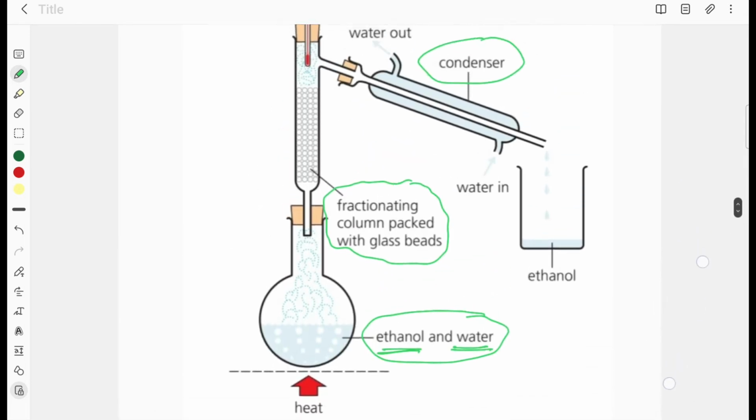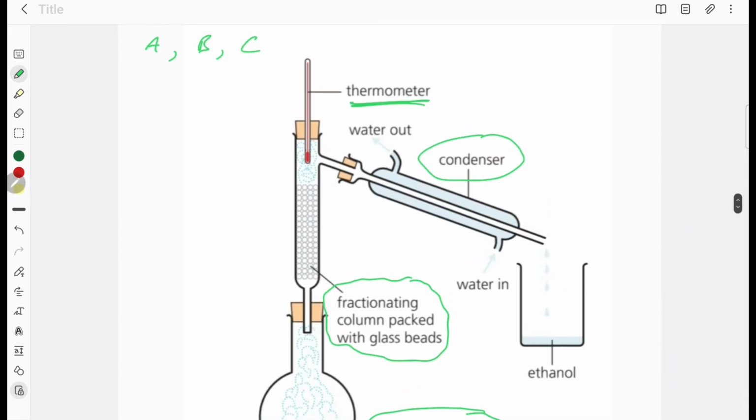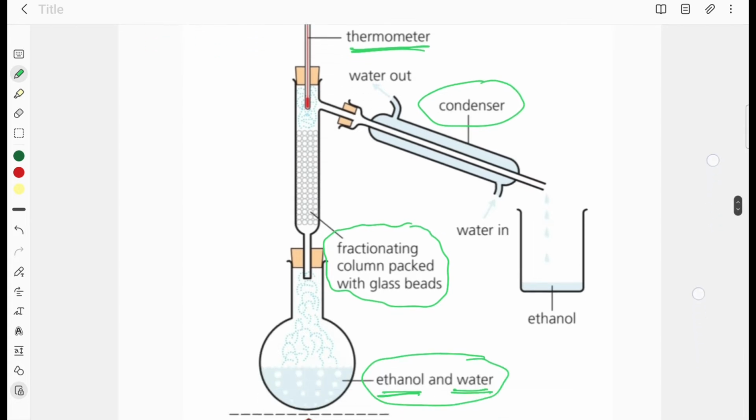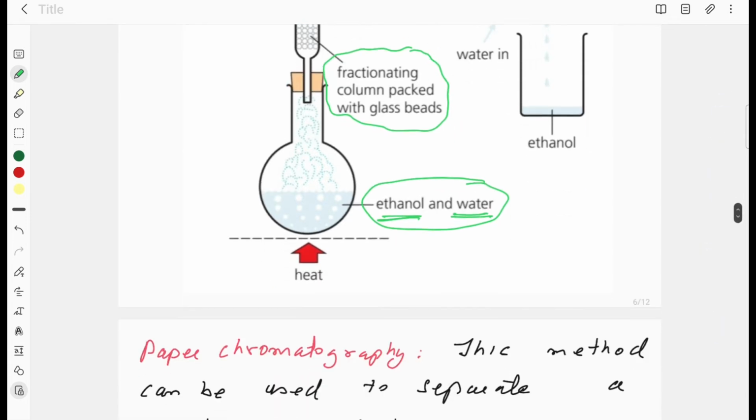Also remember that when ethanol is coming here, the temperature will stay at 78 degrees centigrade, and it will not rise until all ethanol is collected, and then the temperature begins to rise and you will collect water.